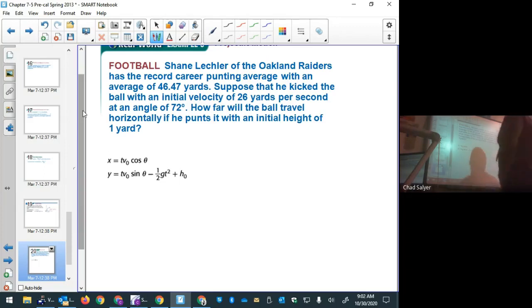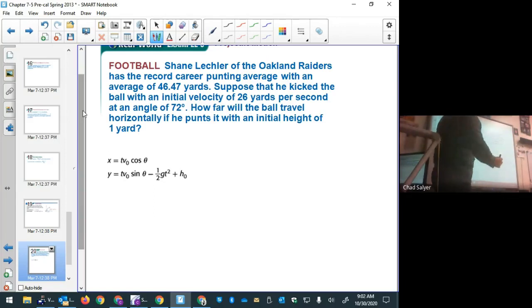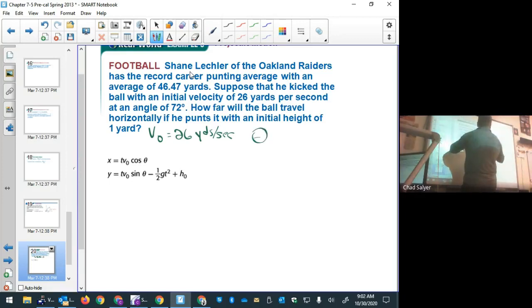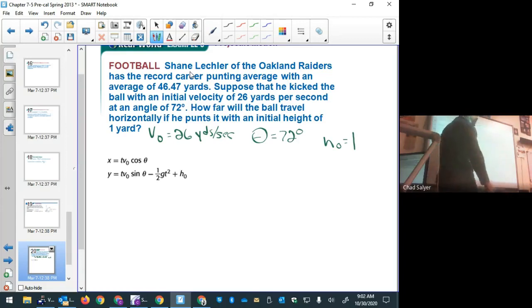So let's start populating our variables here. First of all, I see v sub 0 equals 26, in yards per second. We need to think about our units here. Theta is 72 degrees. h sub 0, the initial height, is 1. That should be everything we need.